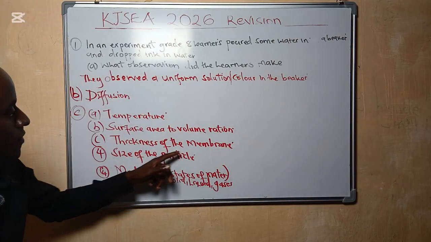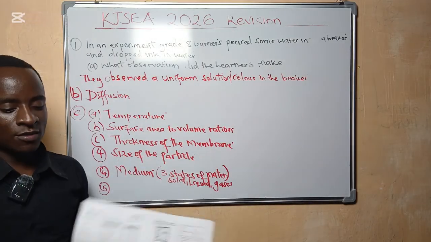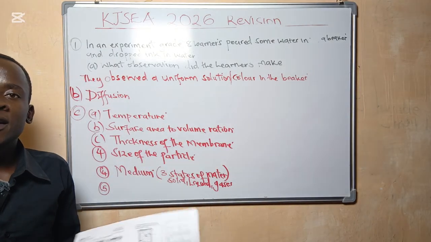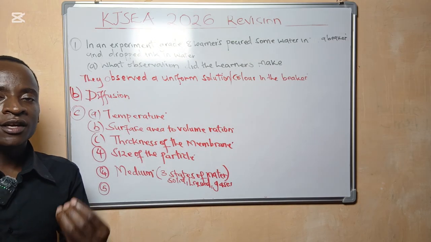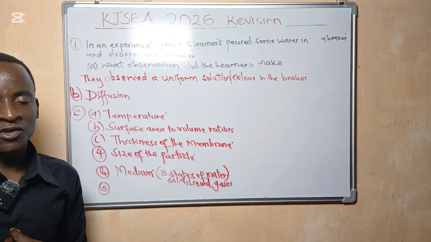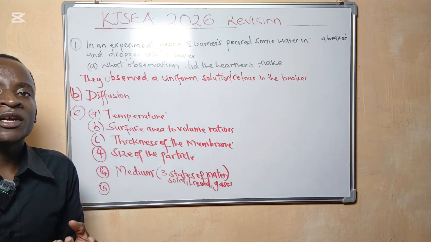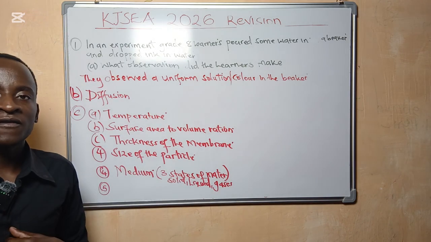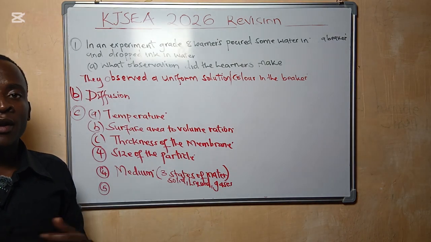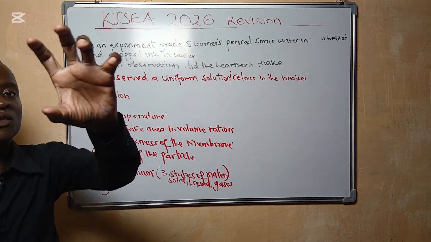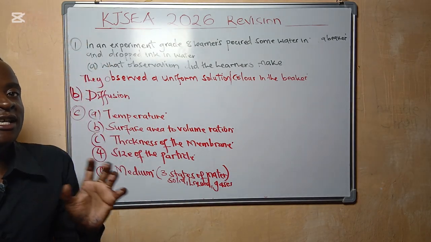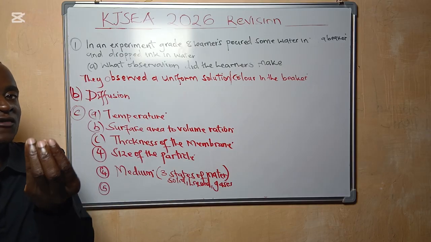The thickness of the membrane. How does the thickness of the membrane affect the rate of diffusion? The thicker the membrane, the slower the rate of diffusion. The thinner the membrane, the faster the rate of diffusion. The thicker membrane increases the distance to be covered by diffusing particles, leading to a decrease in the rate of diffusion.